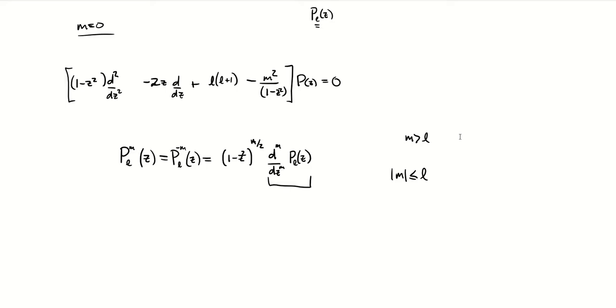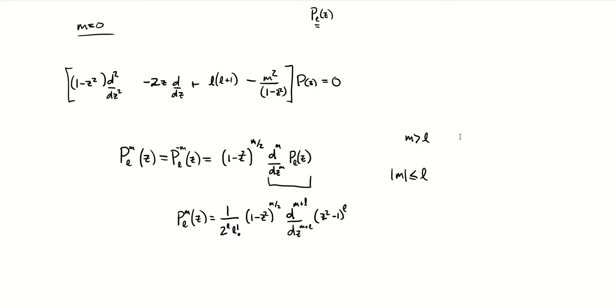But if we run through these derivatives and do all that, we can actually get this looks like 1 over 2 to the L, L factorial, (1 minus z squared) to the m over 2, the m plus L derivative with respect to z of (z squared minus 1) to the L, right?